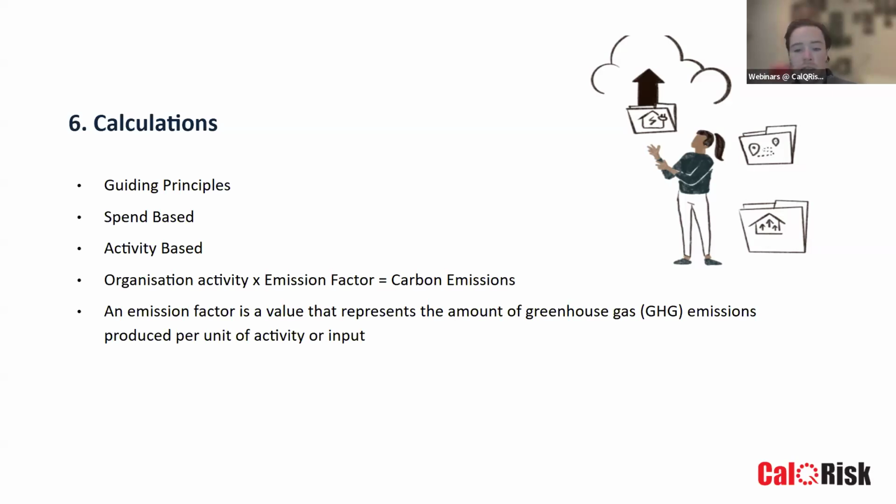The emissions factor is effectively a value that represents for 1 unit of activity how much carbon emissions is generated. So if we had an emissions factor of 2.5 for 1 litre of diesel burnt, it would mean that if I burn 1 litre of diesel, I'm producing 2.5 kilos of CO2 equivalent.